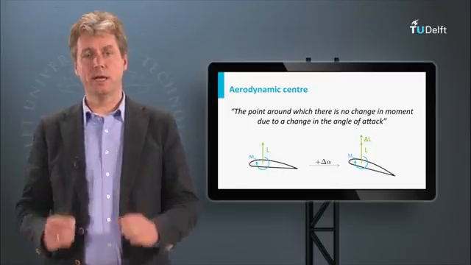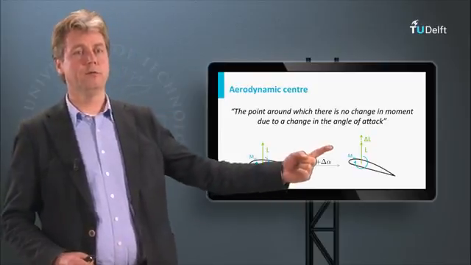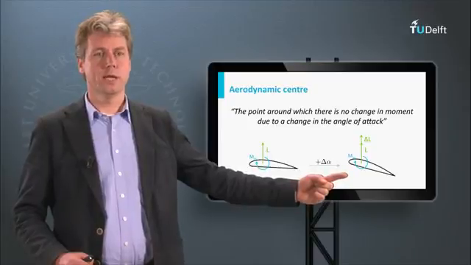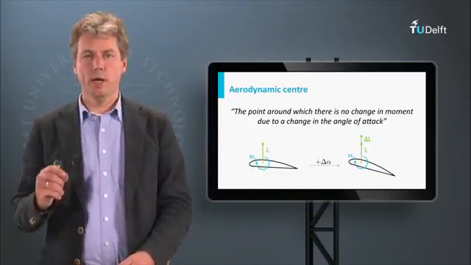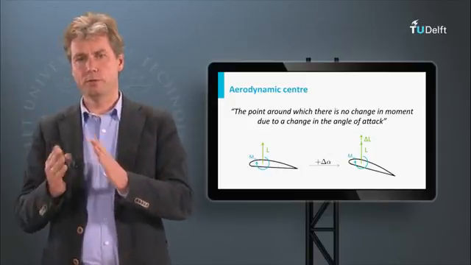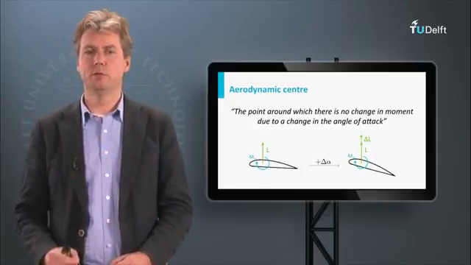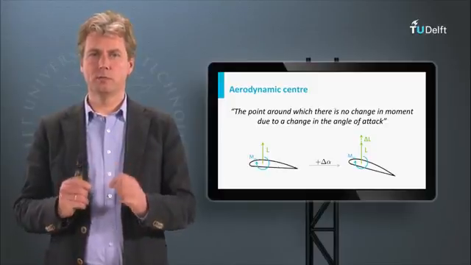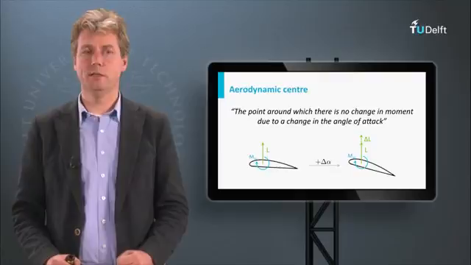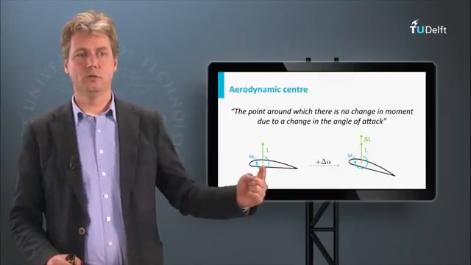So when there's a change in angle of attack, of course the lift will increase, but the moment will stay the same. Be aware this is not the same position as where, if you would sum all the forces, the resulting force would be pulling on this wing, because it's specifically chosen for this reason of the moment that doesn't change due to an angle of attack.